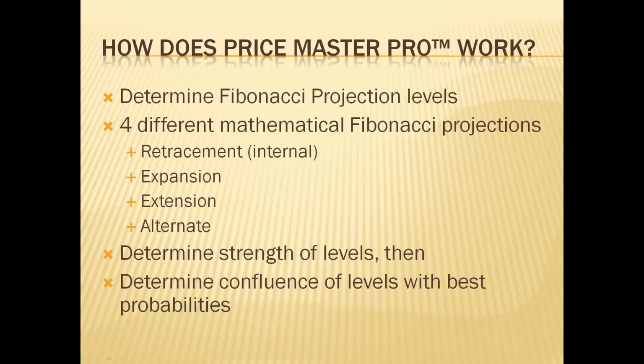Then it will evaluate all swings for specific patterns. Once the patterns are determined, Price Master Pro applies 4 distinct Fibonacci price projection formulas to each pattern. These price projections are retracement, expansion, extension and alternate. Once the projections are formed, each projection is given a probability rank and then fed to a confluence engine that determines the best confluence or clustering area.